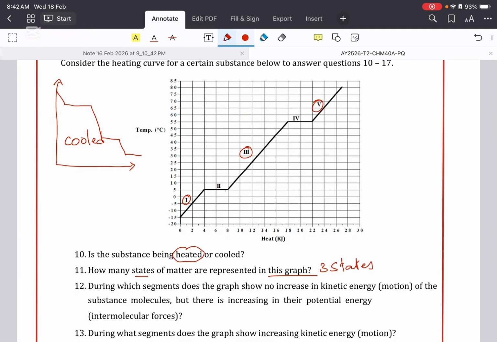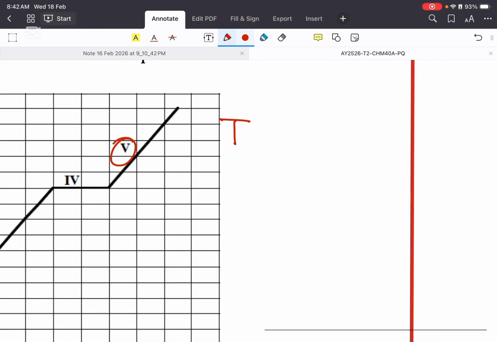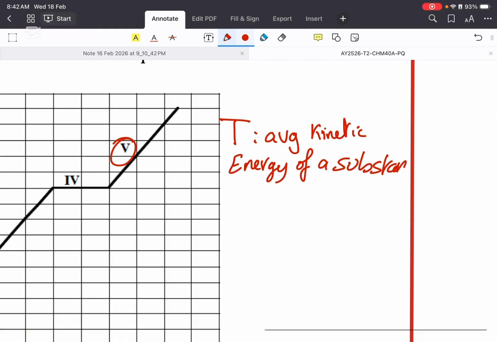During which segments does the graph show no increase in kinetic energy or motion of the substance molecules, but there is an increase in their potential energy, their intermolecular forces? So here, the average kinetic energy of a substance is the definition of temperature. So I'm going to write it here. Temperature is the average kinetic energy of a substance.